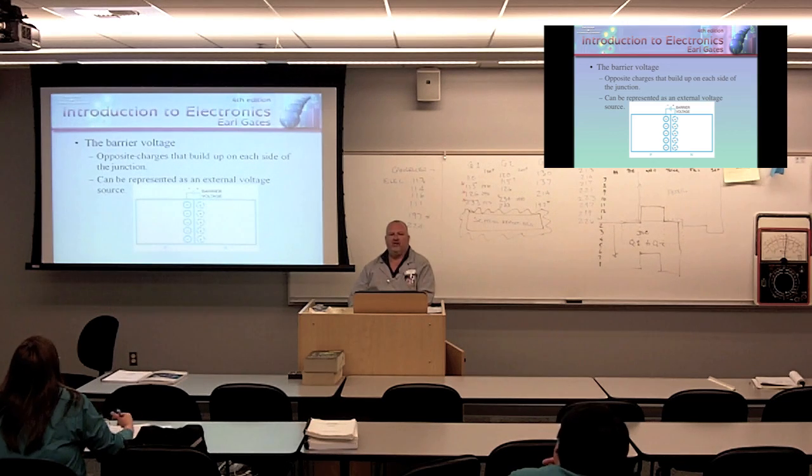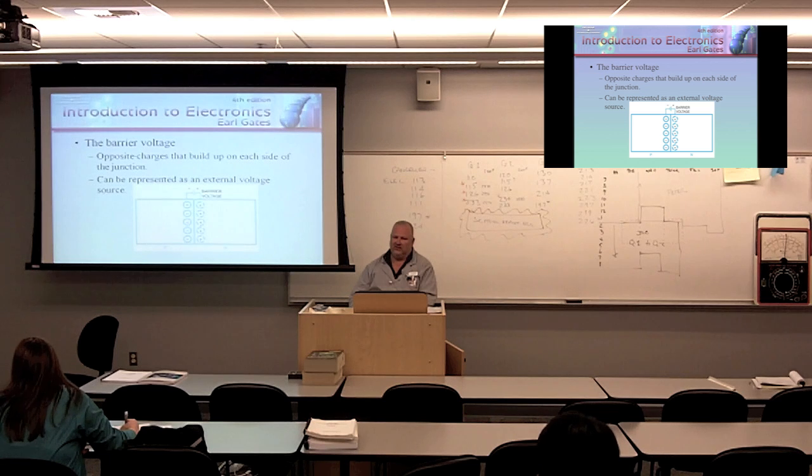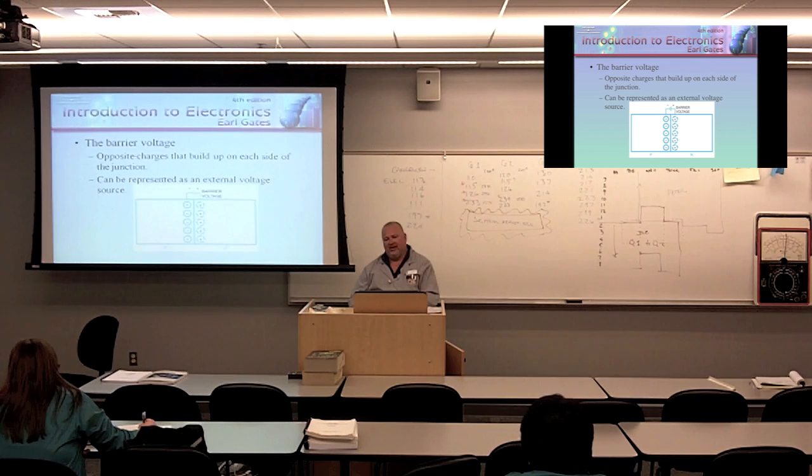Also associated with the depletion region is what's going to be called the barrier voltage. Again, sounds like something out of a sci-fi thriller. The barrier voltage, we have opposite charges that build up on either side of the junction. This is because of those mobile charges. It can be represented as an external voltage source.